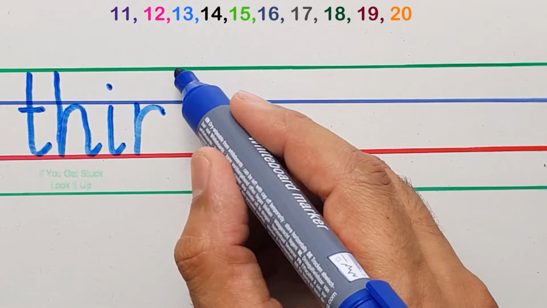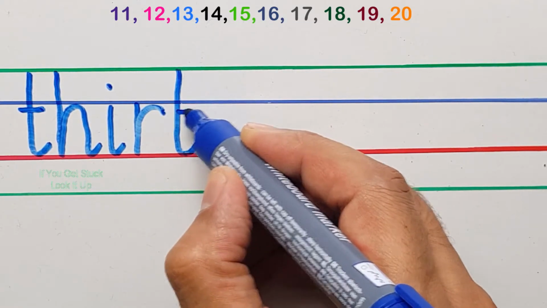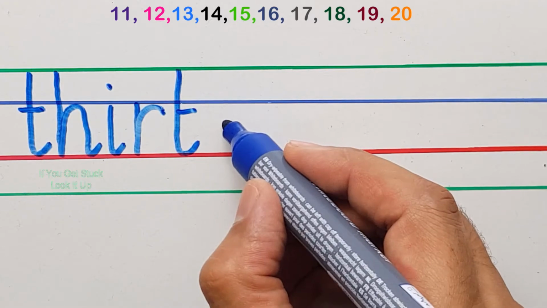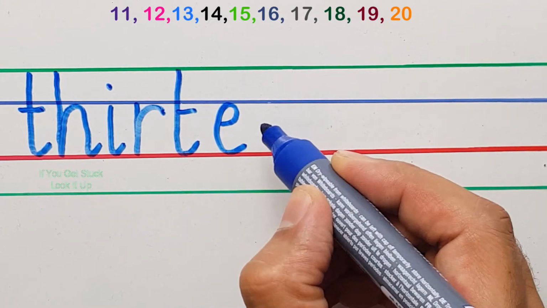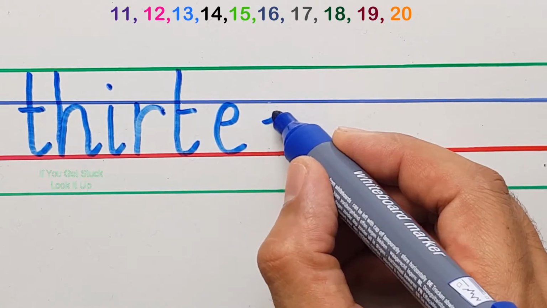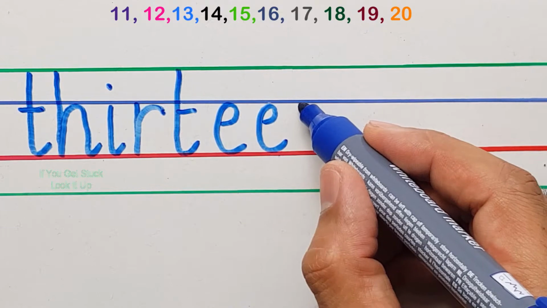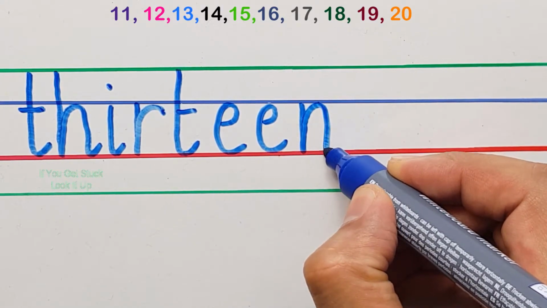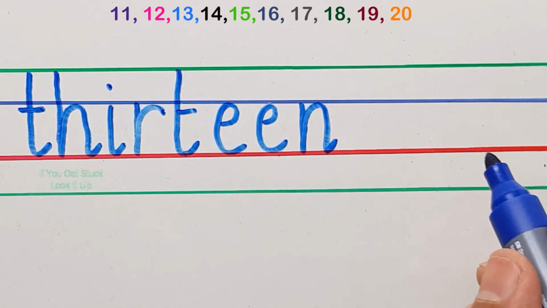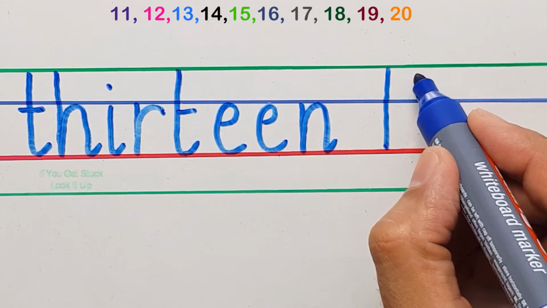And then T, E, and E again. And then N. And that's the number 13. So it's 1 and 3.